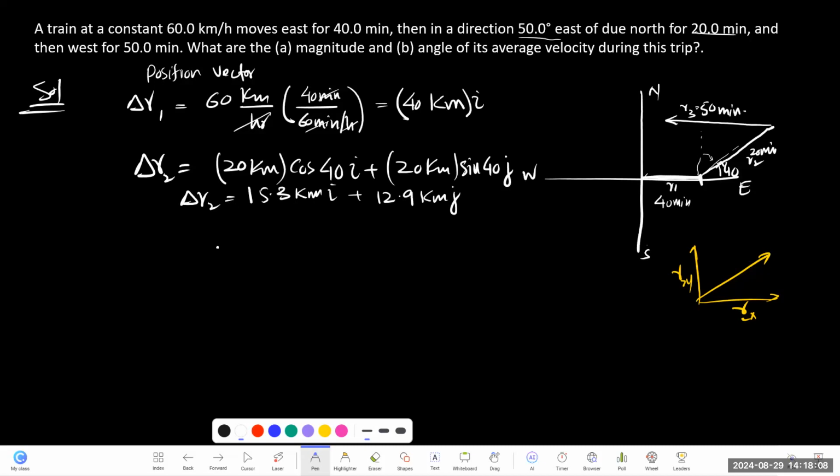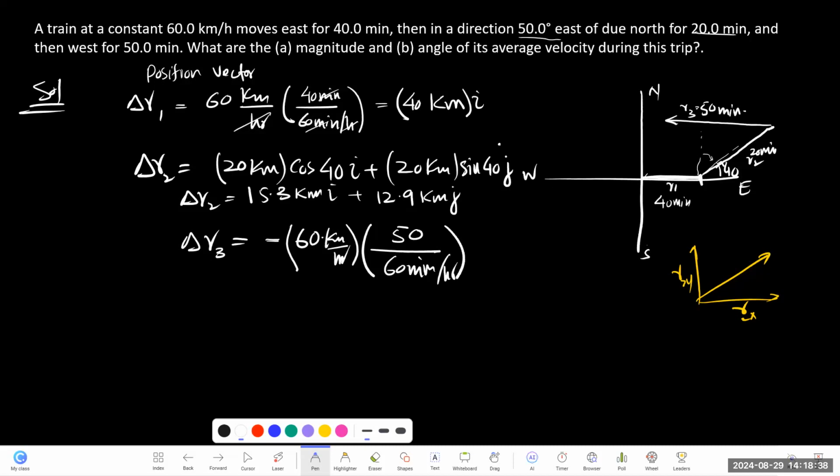Now R3 is going to be straightforward, just like R1. The only difference is that it's going in the negative direction. So I'm going to put a minus and say 60. That's the velocity, kilometers per hour, as given. I'm going to convert it into minutes per hour, so 60 minutes per hour, and how long is it running? 50 minutes.